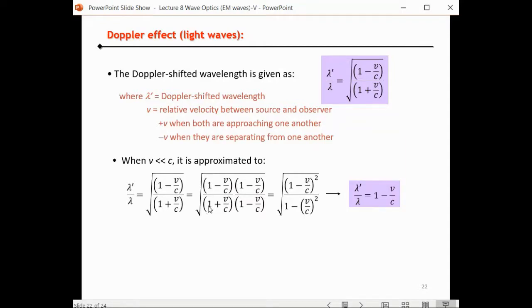Here we will get 1 minus v squared over c squared. And when v is much smaller than c, this term is close to 0. And that will give us just 1 minus v over c. Hence the ratio of lambda prime to lambda can be approximated to 1 minus v over c.